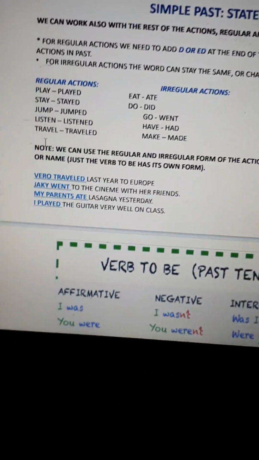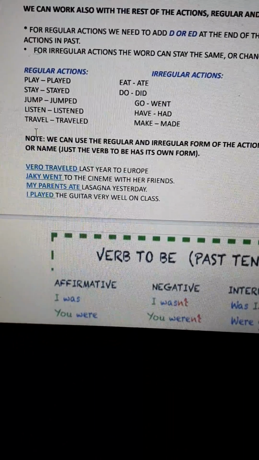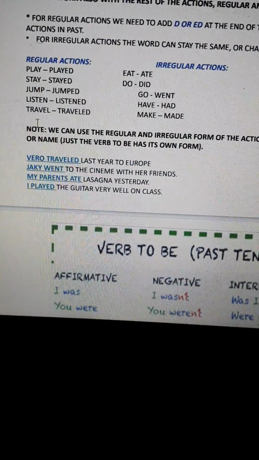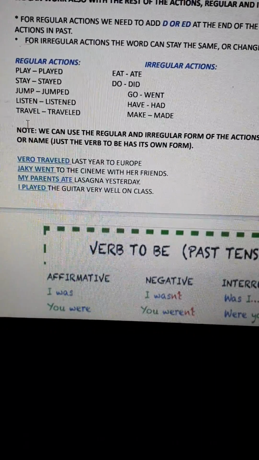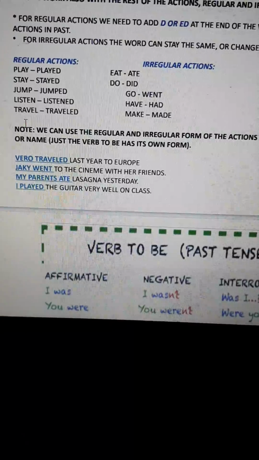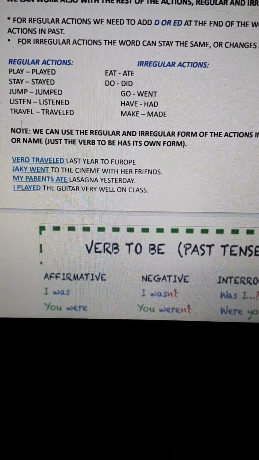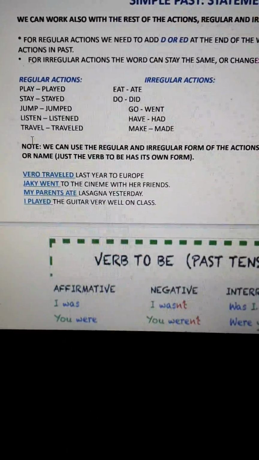Also, for the irregular form, well, the action stays the same, like for example, cut, cut, or read, which changes just the pronunciation, but the word is written the same. Read, read, but you're going to pronounce it "red" in simple past.